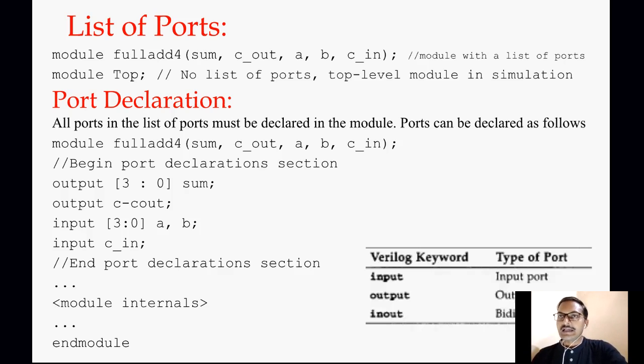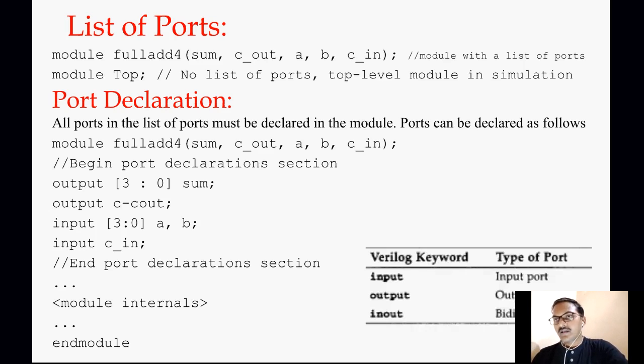The ports can be declared as follows. Module full_add4 in brackets sum, comma, C_out, comma, A, comma, B, comma, C_in, bracket complete, semicolon. Now let's see how this port declaration will be done.